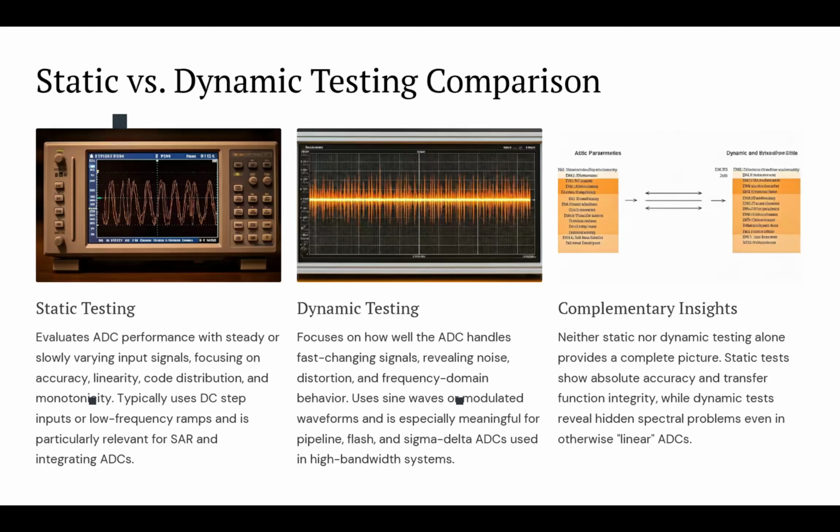We already talked about some of the parameters like SNR and THD, or SINAD, and discussed a little bit what they represent. But we have to pay attention that dynamic testing relies heavily on a Fourier transform. So your FFT and the window that you use for the FFT is very important for you to measure those parameters.